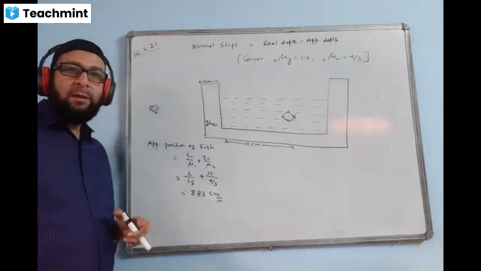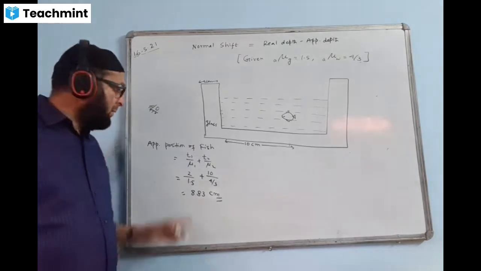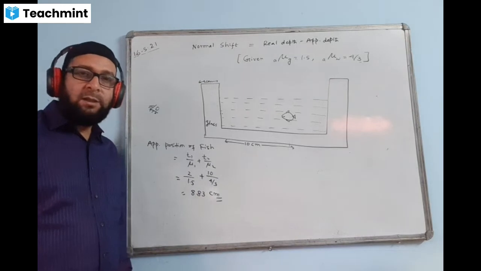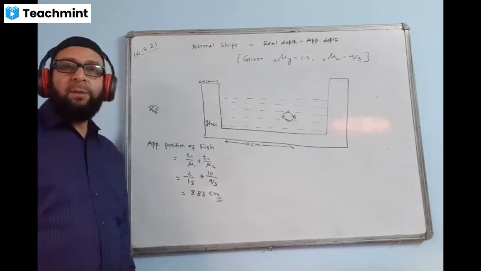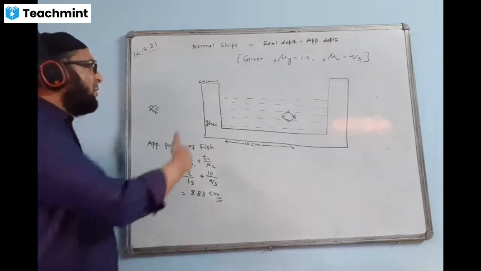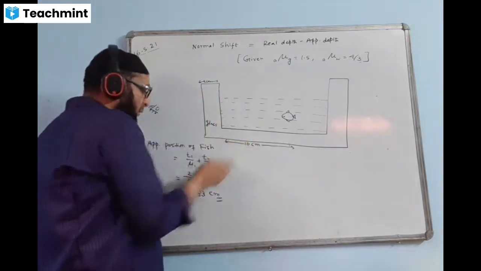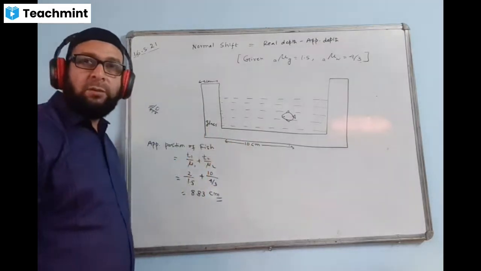You can do them separately and then add the two answers. So the answer will come 8.83 centimeters. If they ask by how much distance the fish appears to be shifted closer, then the total real depth is 2 plus 10, 12. 12 minus this value you will do. So by this much distance, the fish will appear to be closer.